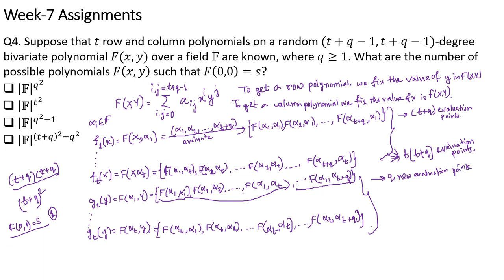Similarly, if we look at g2(y), there also f of alpha 2 comma alpha t plus 1 to f of alpha 2 comma alpha t plus q, those q values will be new. So together g1(y) to gt(y), t column polynomials, together will contribute t into q distinct evaluation points.